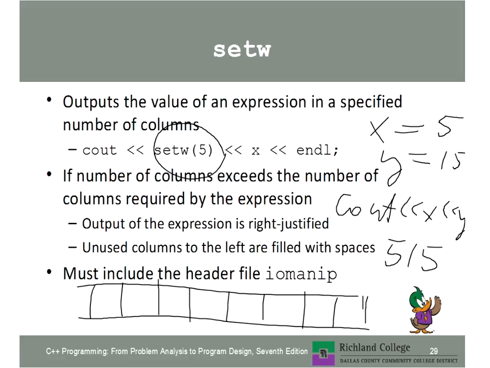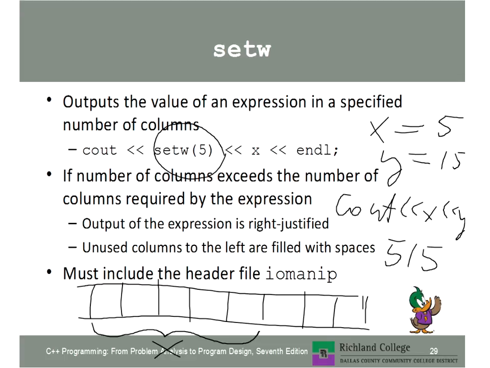With setw, we're going to tell it to reserve 5 spaces for x. And if we also want to print out y, it would print out y right after the x reserved space.